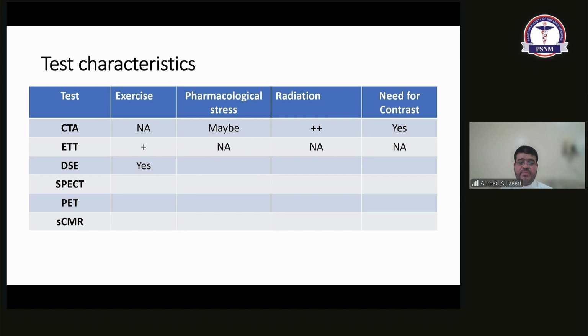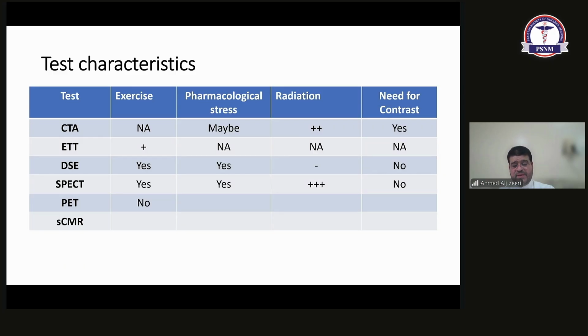The dobutamine stress echo could be combined with either exercise or pharmacological stress testing. It has no radiation, it has no contrast that affects the kidney, of course, but it has its own contrast that can be used. SPECT can be combined with both exercise and pharmacological stress testing. It's associated with significant radiation, and there is no need for contrast.